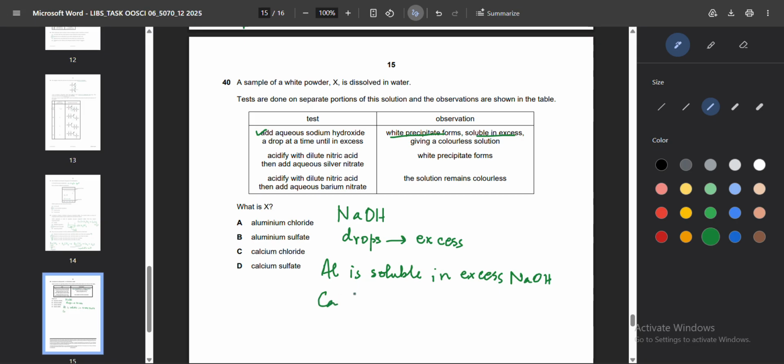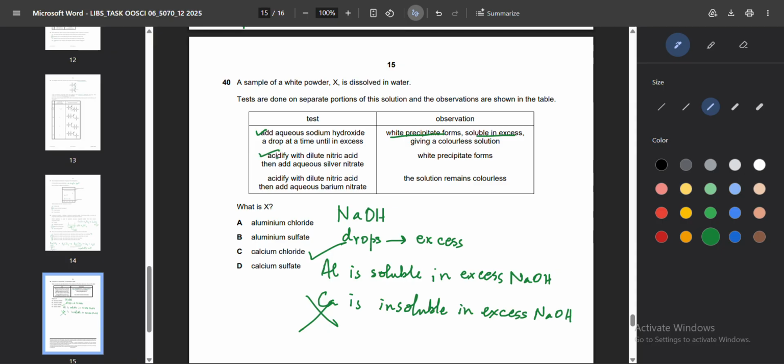But calcium is insoluble in excess sodium hydroxide. So what do we have? Aluminium or calcium? Yes, we have aluminium, not calcium. So from test 1 we find that the cation, the positive ion, is aluminium, not calcium.